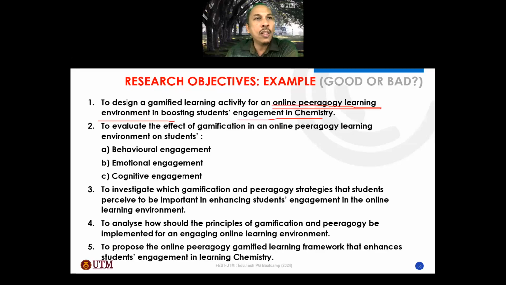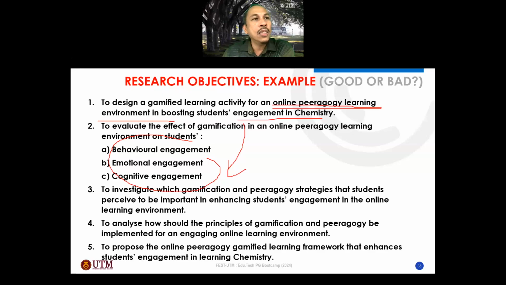So you can see the design part focuses on engagement and pedagogy. And when he or she moves to the second, to evaluate the effect of gamification in an online pedagogy learning environment on students' three types of engagement. So from research objective 1 to research objective 2, you can see the continuity. First, boosting engagement in general based on the design part. Then it goes specific to three types of engagement.